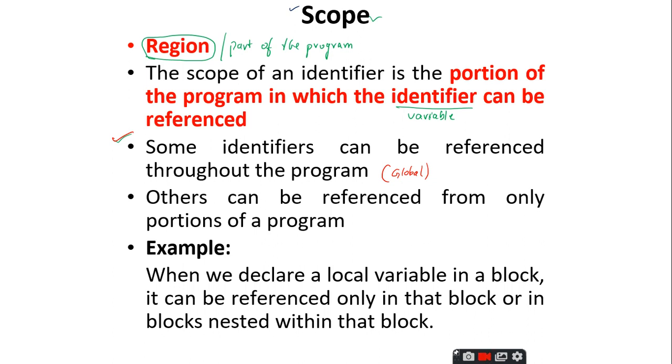So identifiers which can be referred throughout the program are global, whereas some can be referred only within a particular portion of the program, from one block. You can make a block in C by using curly braces. Within the block or within the function you can access them, and all these go as local variables.